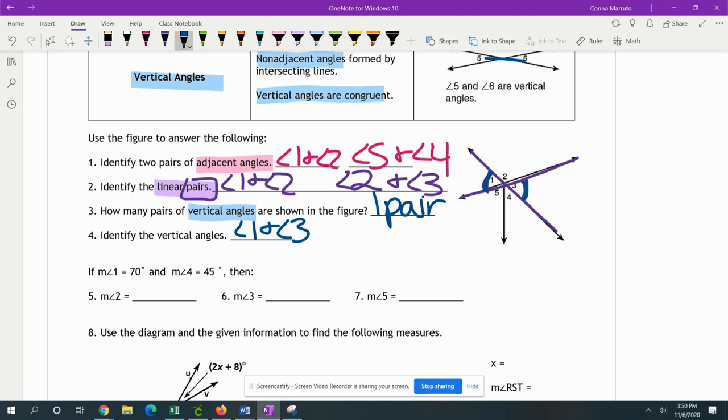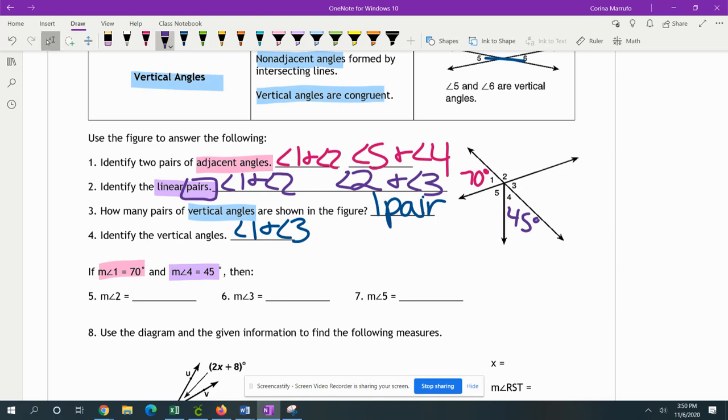Okay, so here they tell us the measure of angle 1 is 70. So I'm going to go ahead and fill this out on my chart. So measure of angle 1 is 70 degrees. The measure of angle 4 is 45 degrees. Then they want us to find 2, 3, and 5.